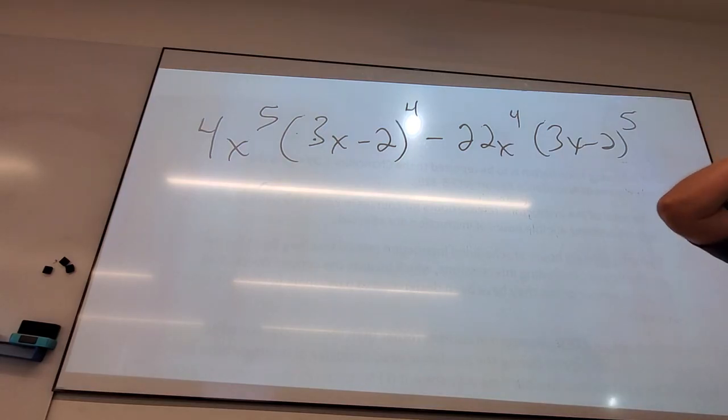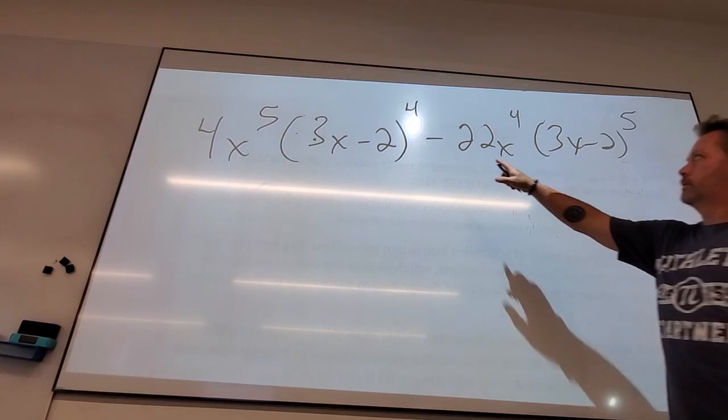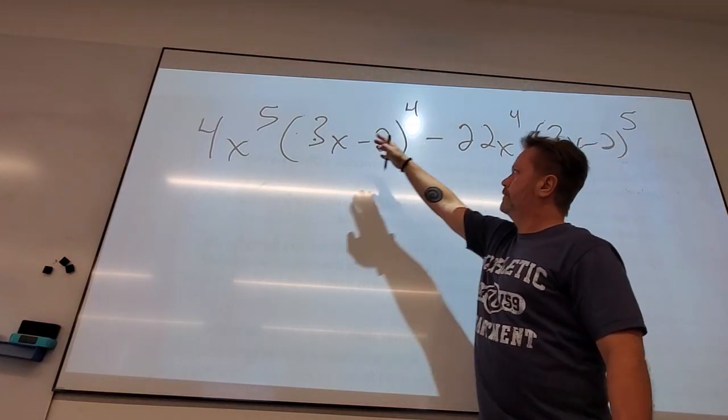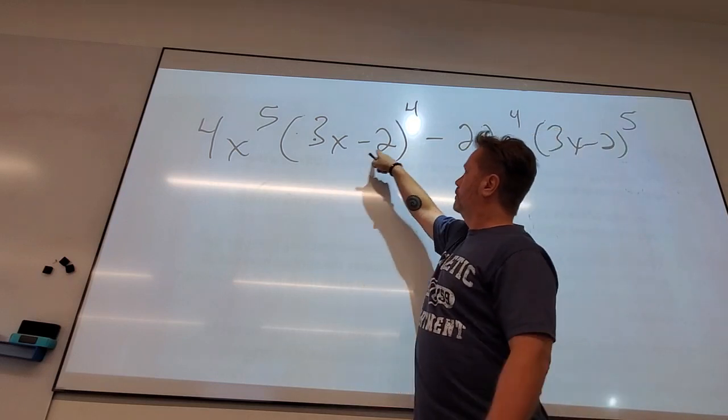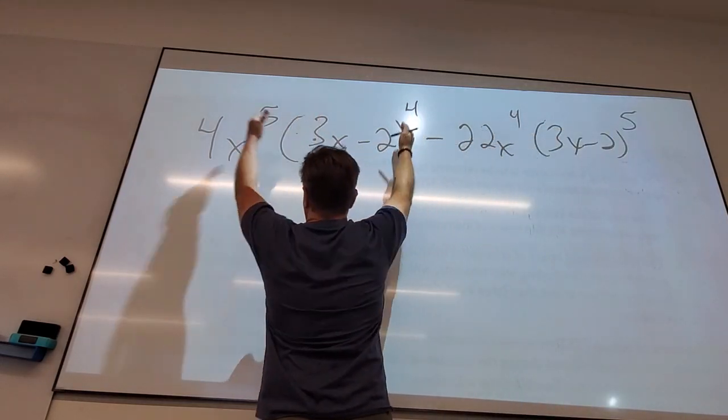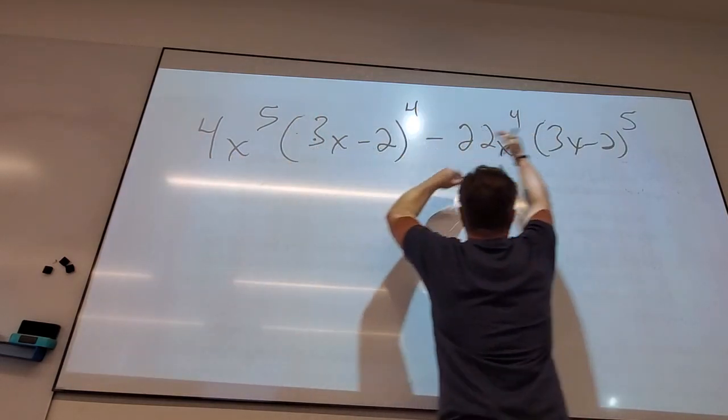There are 2 terms up there. This minus sign separates this term from that term. These aren't terms because 3x minus 2 is a number and it's a part of this number minus this number.